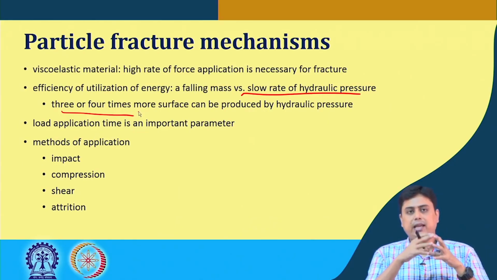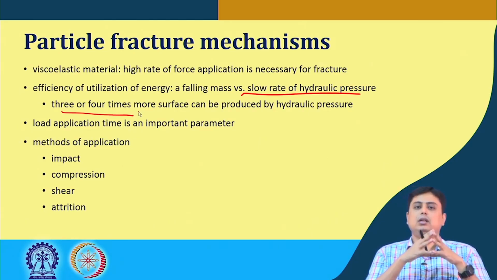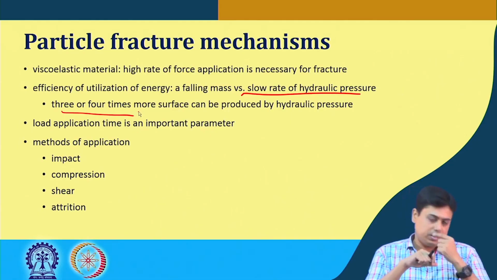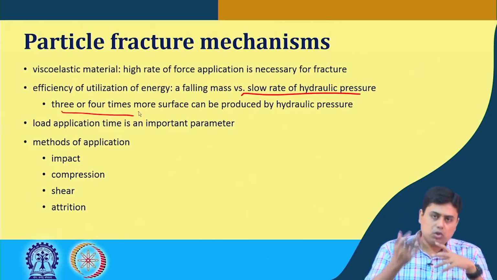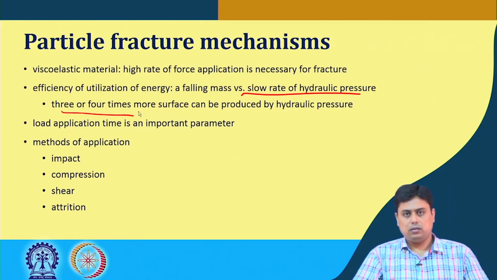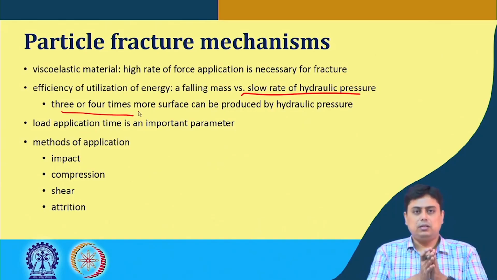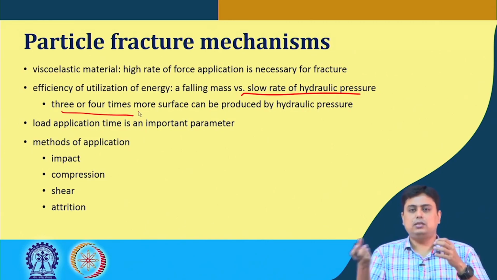Along with the load application time, the method of application is also important in size reduction in order to achieve different or desired size range of the product. So, those methods of application are, say, impact, compression, shear and attrition. Now, in most of the cases, on most of the equipment, it is sometimes very difficult to say which one is the dominant mechanism by which this is happening.